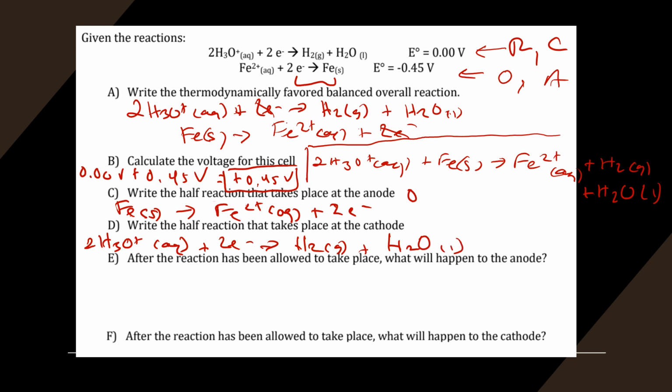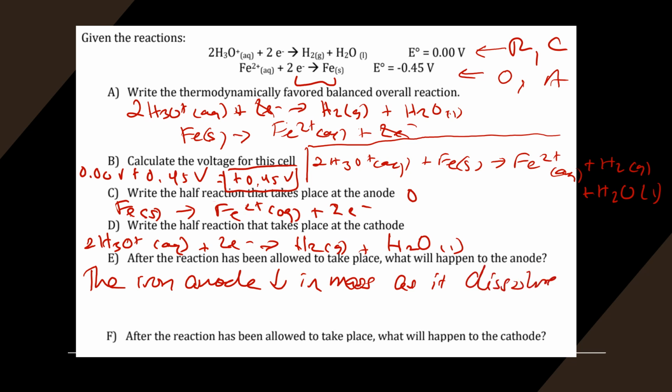What will happen at the anode after the reaction occurs? The iron anode decreases in mass as it dissolves into solution. After the reaction takes place, what happens to the cathode?